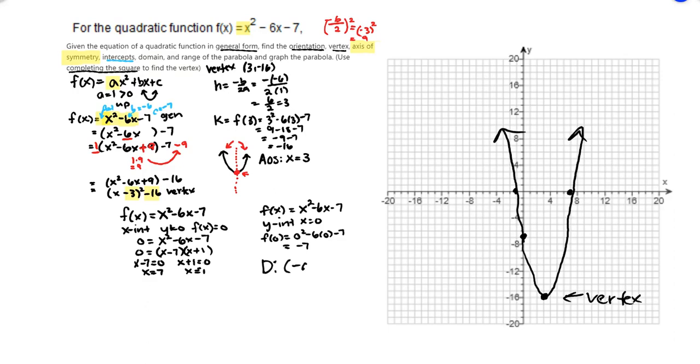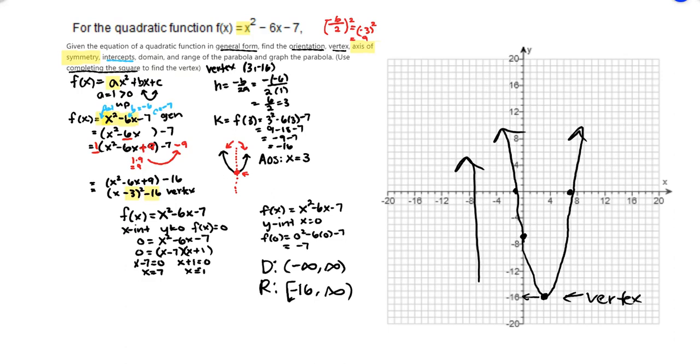The domain will be all real numbers, negative infinity to infinity. The range is the y values. The range will start at the vertex, which has a y coordinate of negative 16, and go to infinity. So our range is negative 16 to infinity.